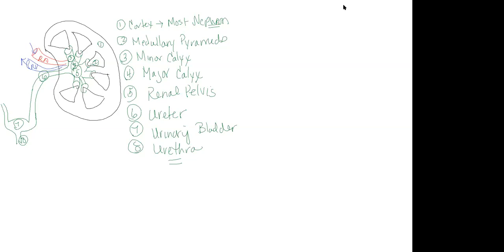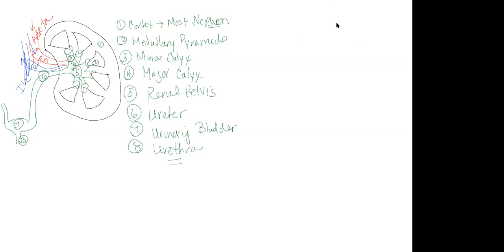Remember that this renal artery is coming directly off of the what? The aorta. And the renal vein is delivering blood into the what? Inferior vena cava. That's right.